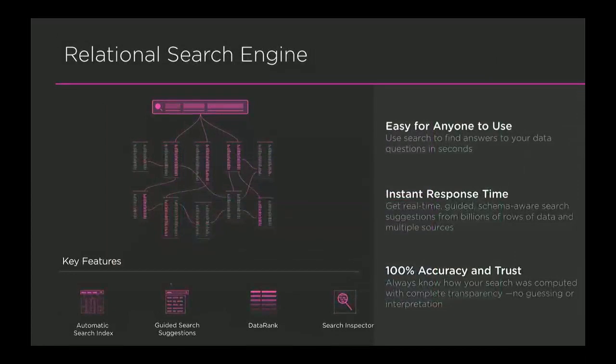And so, this relational search engine is really the core foundation of ThoughtSpot, and this is really the workhorse behind ThoughtSpot that provides a guided search experience that basically lets anyone analyze billions of records of data and get the results in seconds.